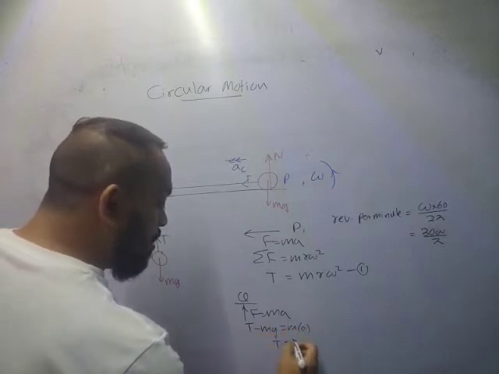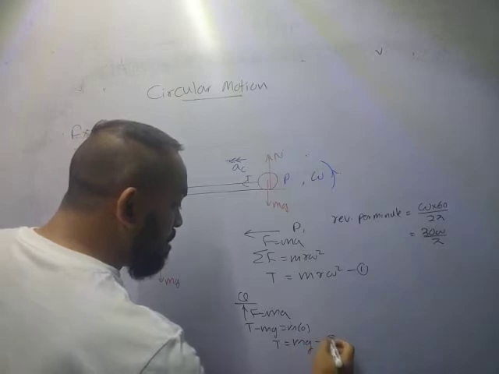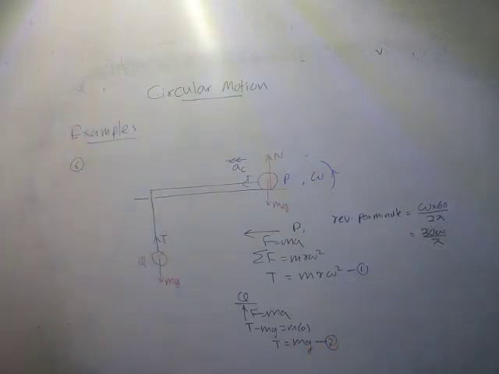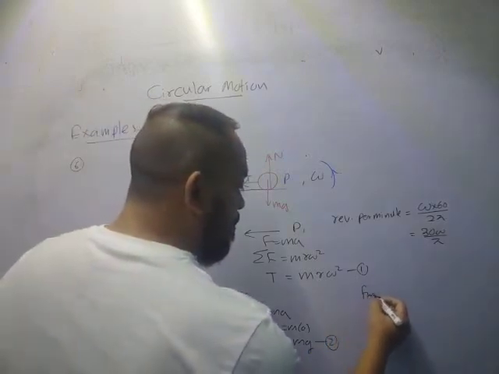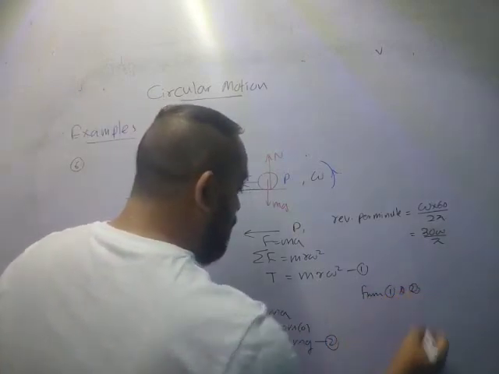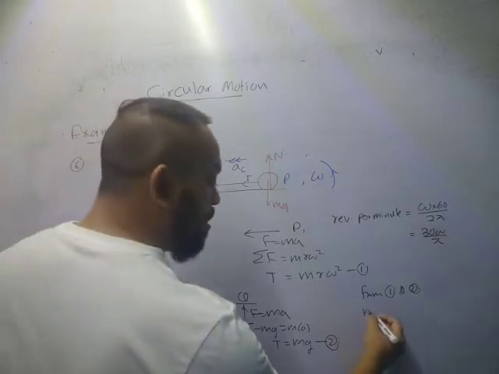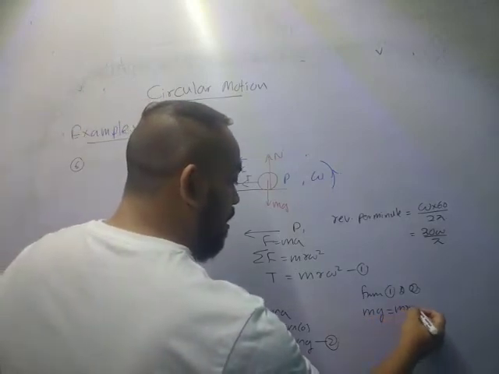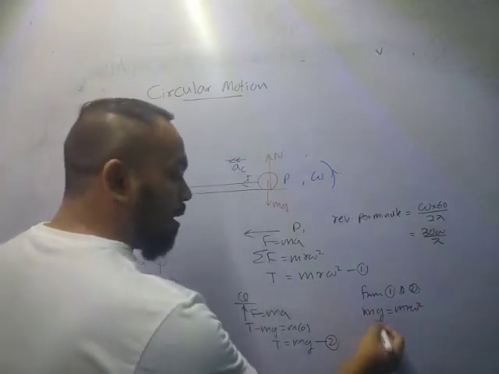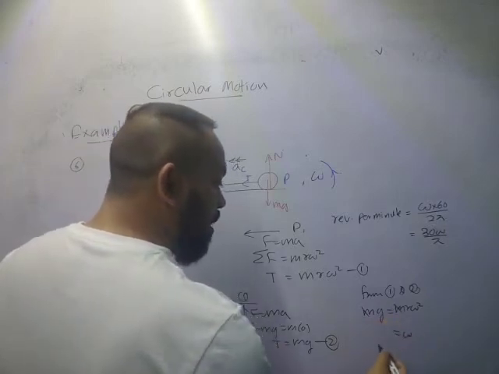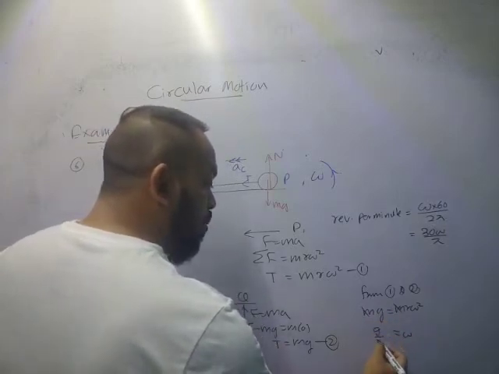That gives you T equal to mg. This is the second equation. Right? So from 1 and 2, when you equate them, mg equals mr omega squared, m goes off, omega is the square root of g over r.